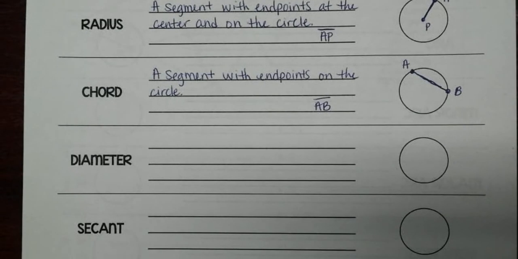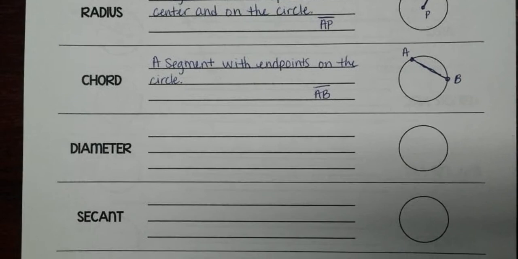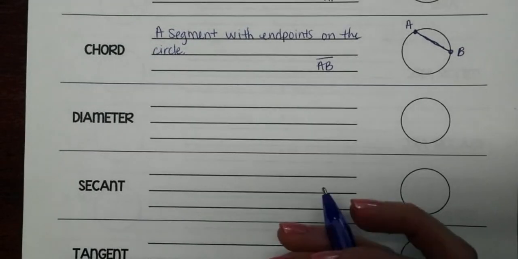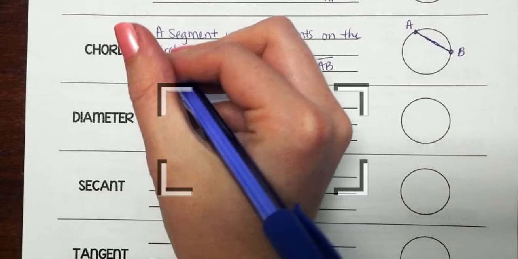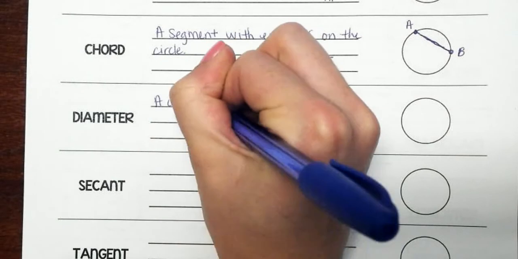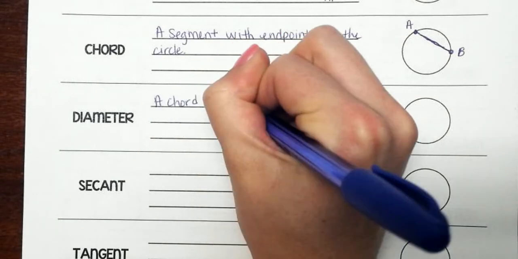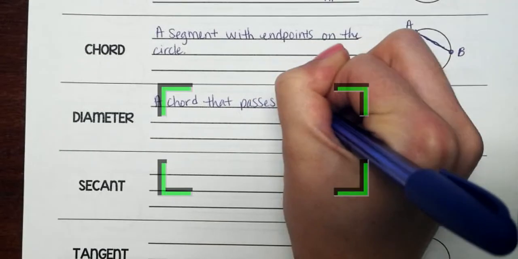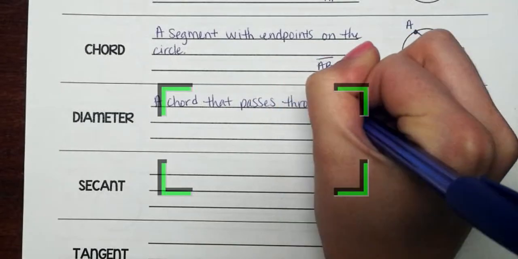Okay, next is a familiar definition, diameter. You've seen this before. So the technical definition is a chord that passes through the center.